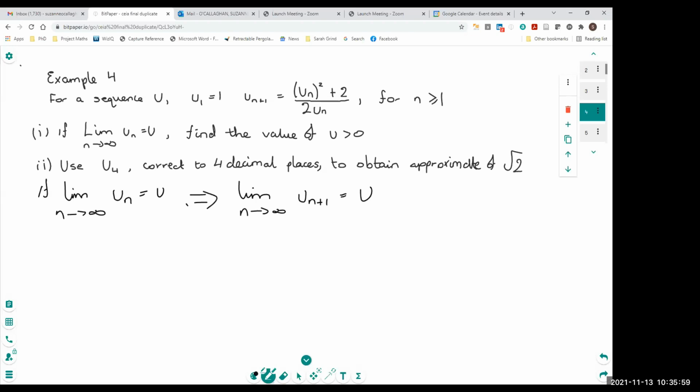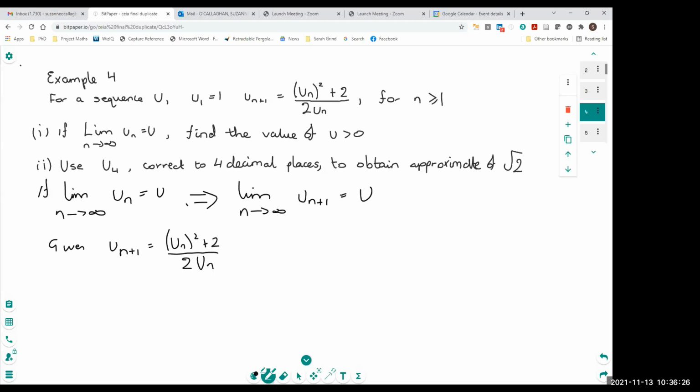Again, like we said on the slide, if any general term in that sequence has limit u, then the limit of u of n plus 1 is u. So we're given in the question u of n plus 1 is equal to u of n squared plus 2 all over twice u of n.